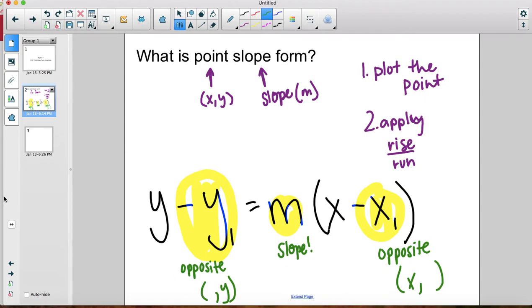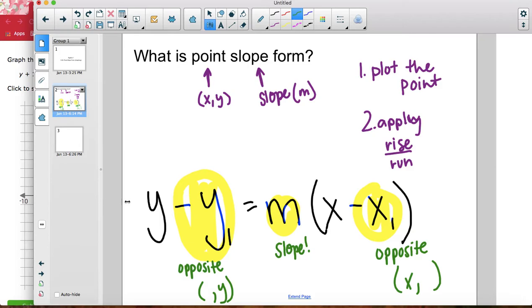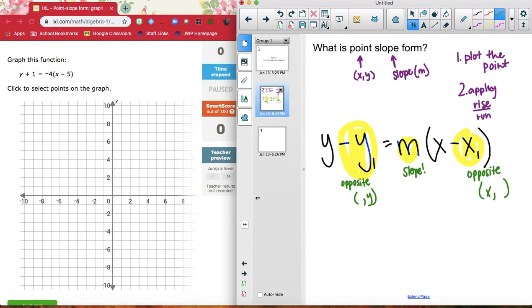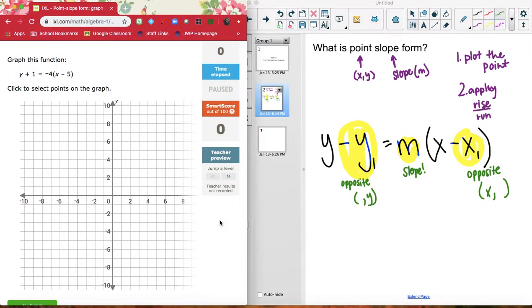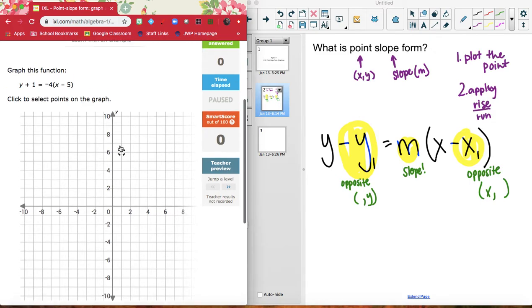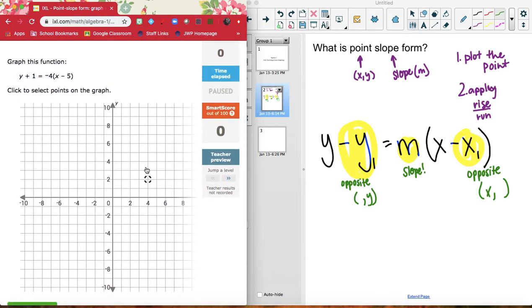So what I'm going to do is just do a bunch of examples with you. It's easier to be using the IXL here and doing exactly what it says and using that graph rather than making up my own, because this graph is really nice and easy for us.